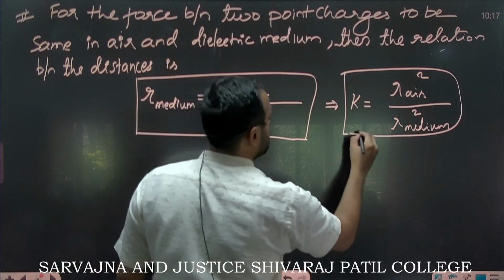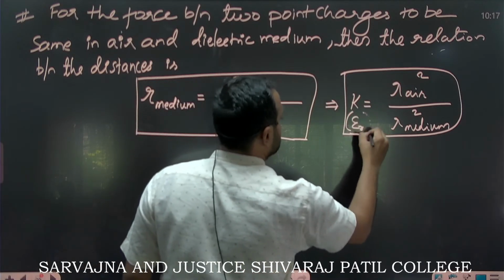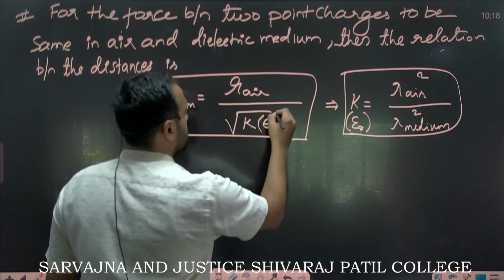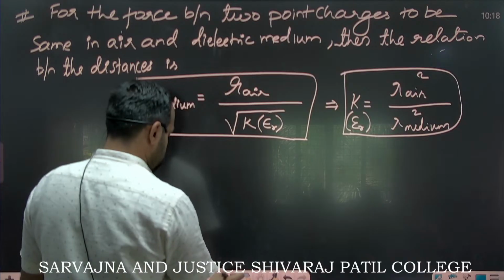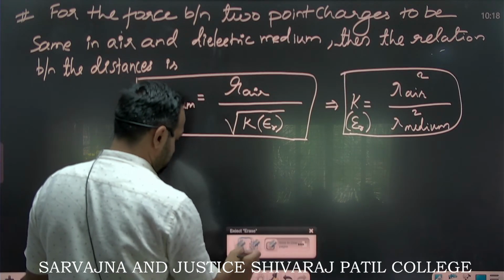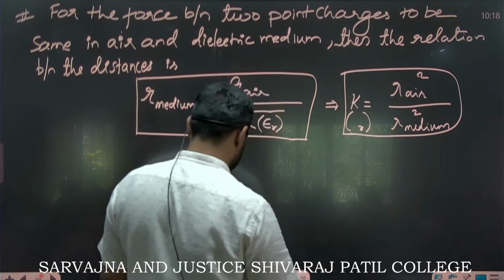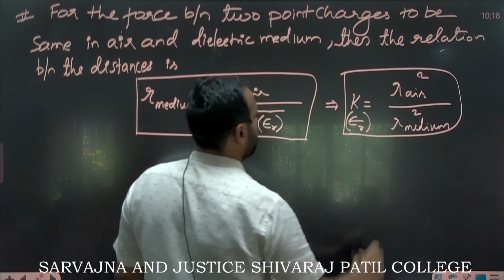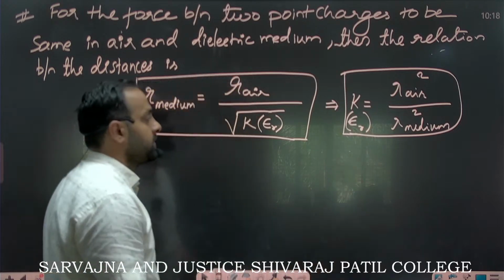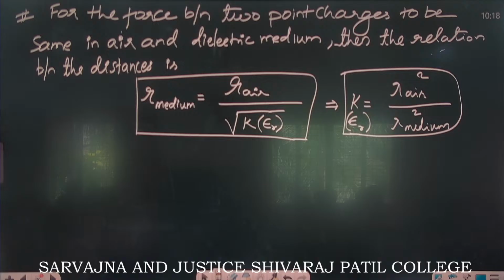You write it as K or you write it as epsilon R. Air and medium should be the same. Where is the mistake?